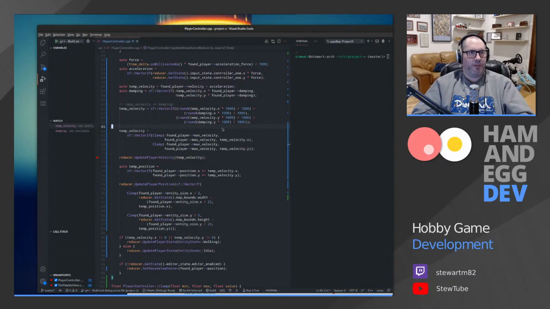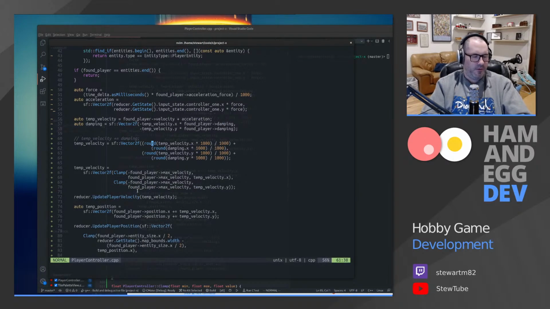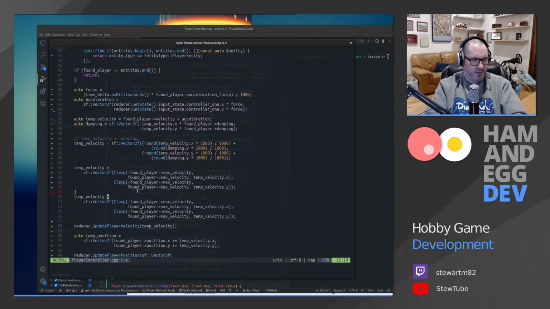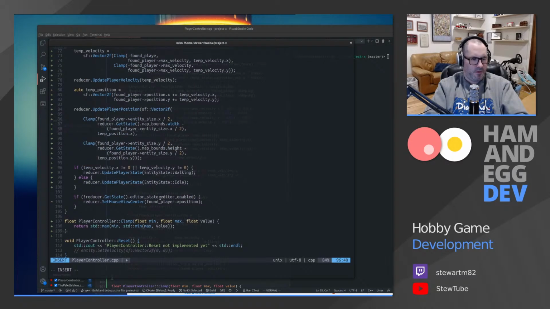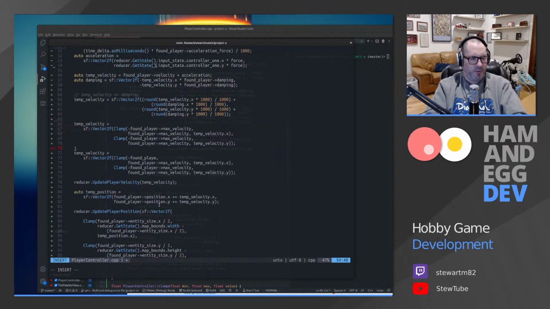Yeah, so let's just try that. So if we clamp it there, and then like we say, so is it min max? Yeah, min max. So the minimum would be 0.